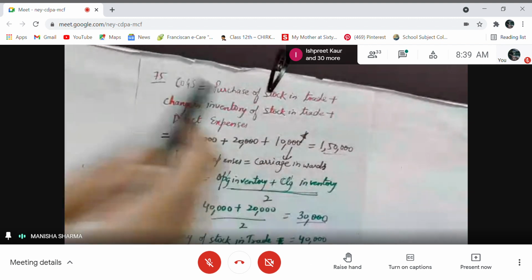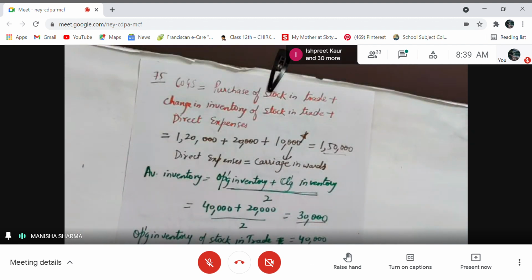Then comes direct expenses. Can anyone tell me, are direct expenses given? I told you how to find direct expenses. I told you yesterday, either under employee benefit expenses you will find direct expenses, or the other place where you will find direct expenses is under other expenses. Since in the question employee benefit expenses are not given, where will you find direct expenses? Can anyone tell me which is a direct expense in the account?